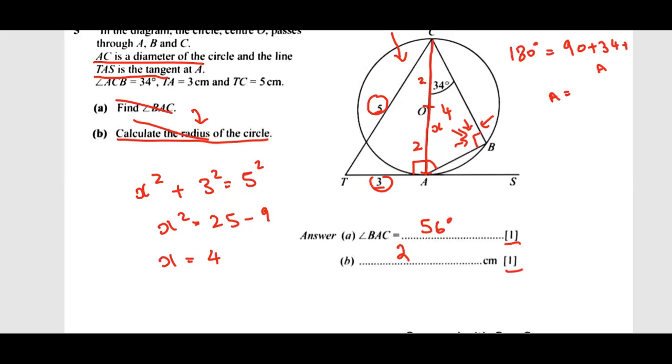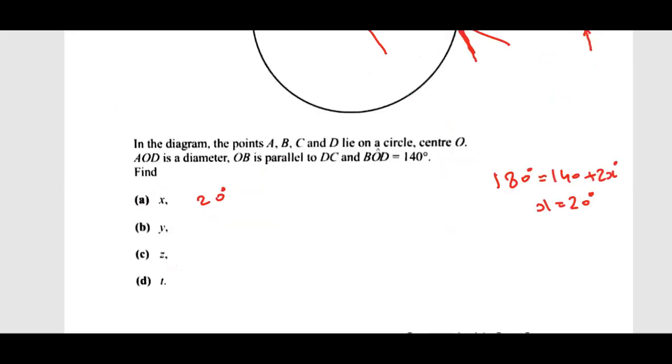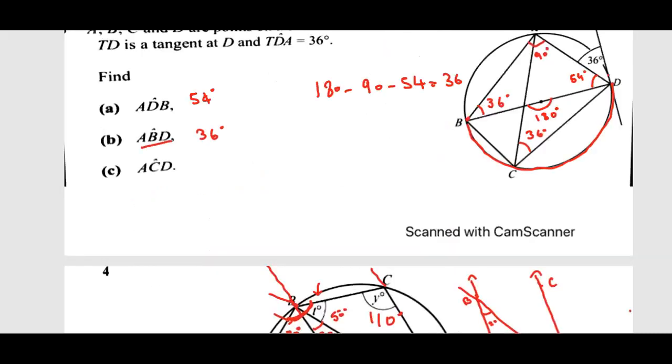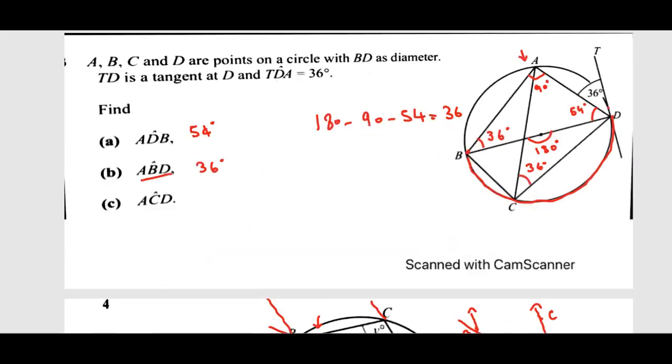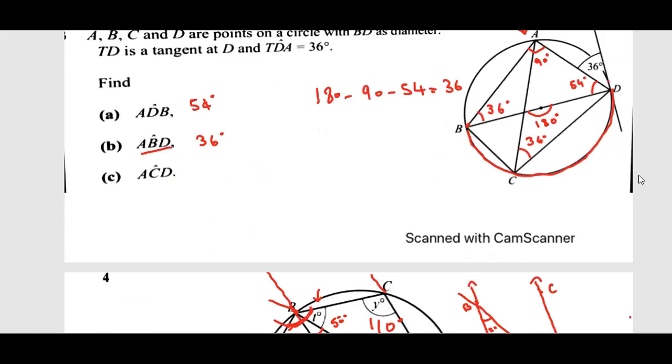Other than this, you know all the other properties, all the other theorems that we have discussed: if you have the same arc being made by two angles at the circumference, like this one, here this arc is being made by the angle C and the angle B, that is why they are the same.